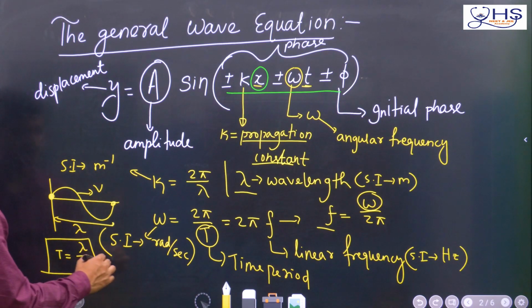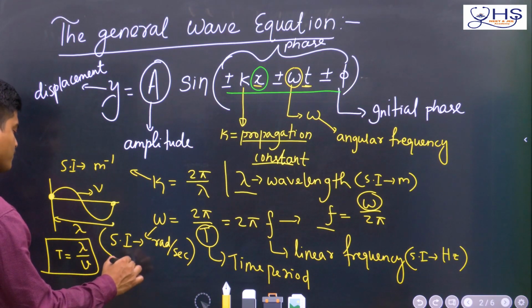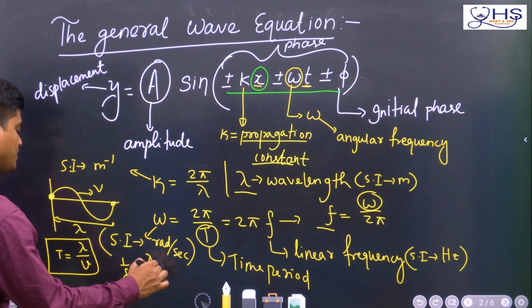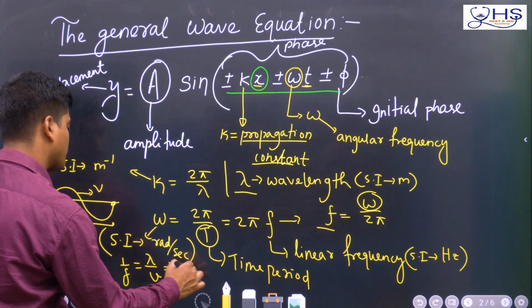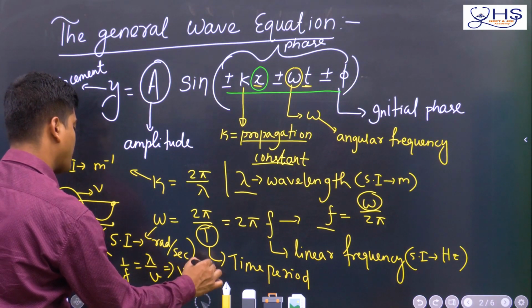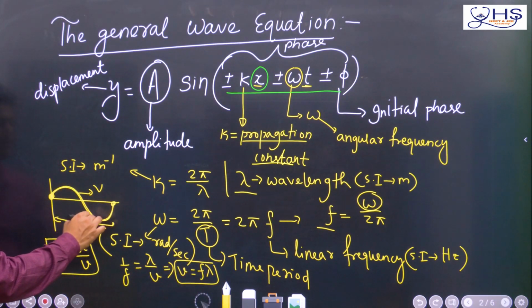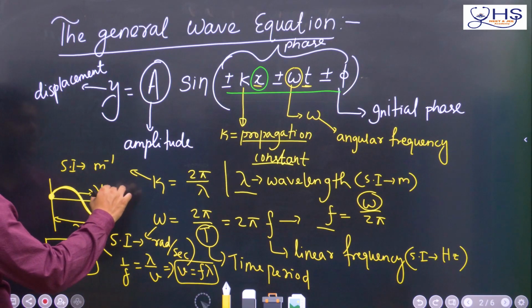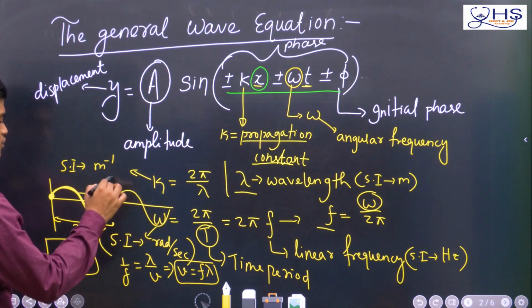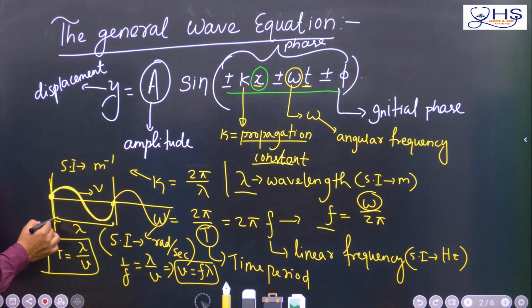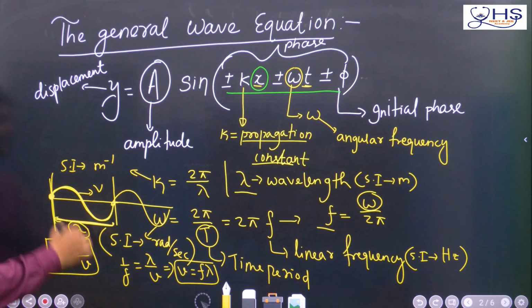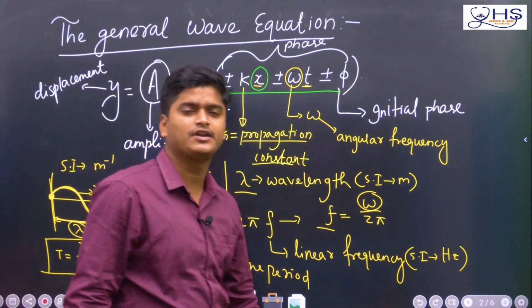Or you can write T is 1 by f equals lambda by v, and from here you can understand v equals f lambda. This is a complete wave, and if this wave keeps repeating, this one you can consider as a complete wave. That length is called the wavelength. The length of a wave is basically called wavelength.